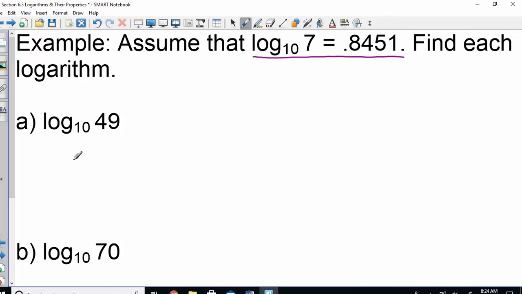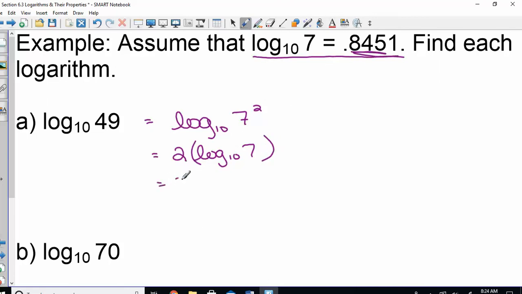How could you rewrite 49? 7 squared? Properties of logs, what do you do with that square? So that's 2 times log base 10 of 7, but log base 10 of 7, I told you, is that decimal. And then we can solve.